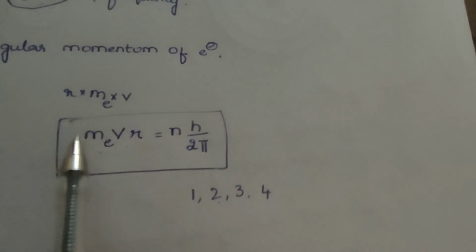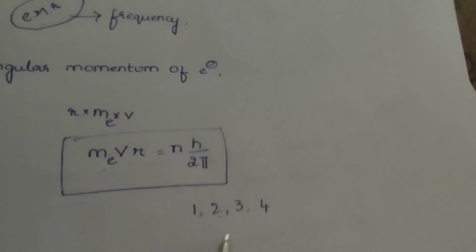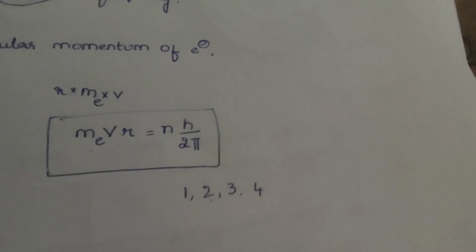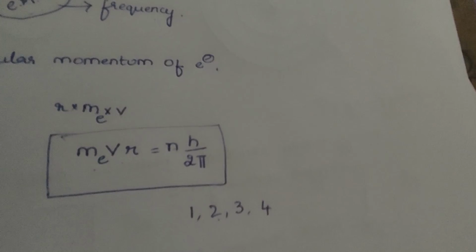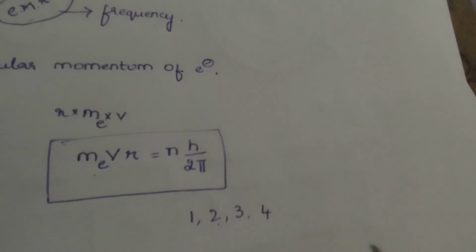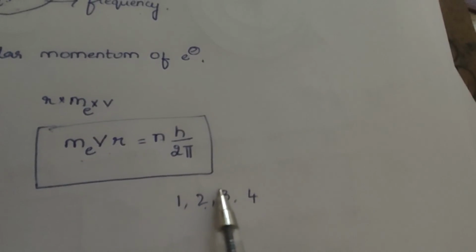So angular momentum is also quantized. See here, the electron can move only when this angular momentum is an integral multiple of h by 2 pi.